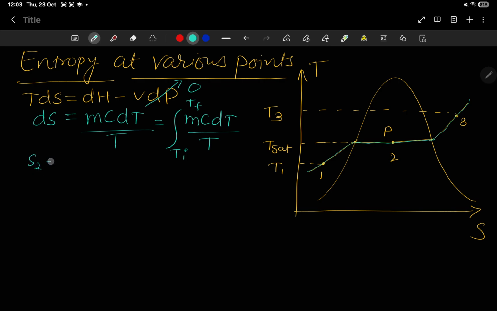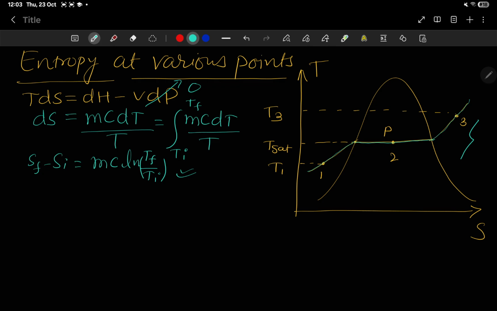And what we used to get is S final minus S initial equals mc ln Tf upon Ti, right? So this is the change in entropy, and here we have considered this superheated region as an ideal gas.